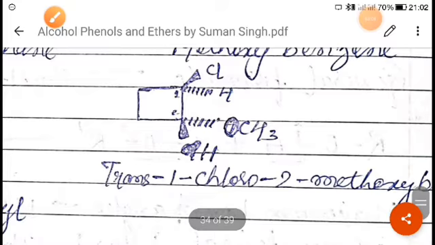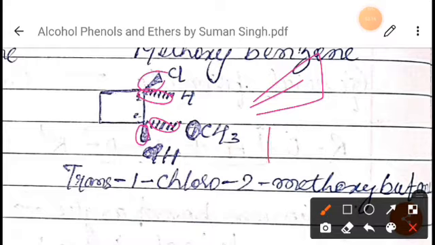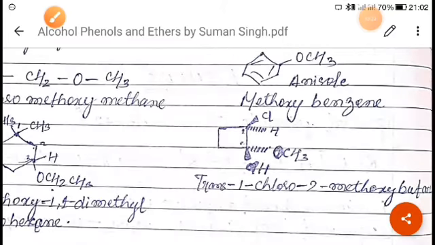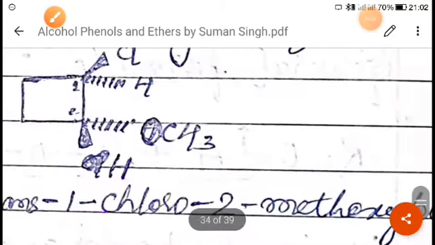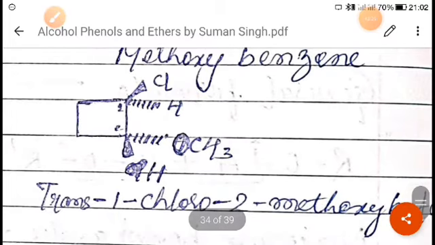Now next, this one. When wedges and dashes are given in an IUPAC name, always remember that they are asking about the stereochemistry. They are asking whether the product is trans or cis. So we will see here.